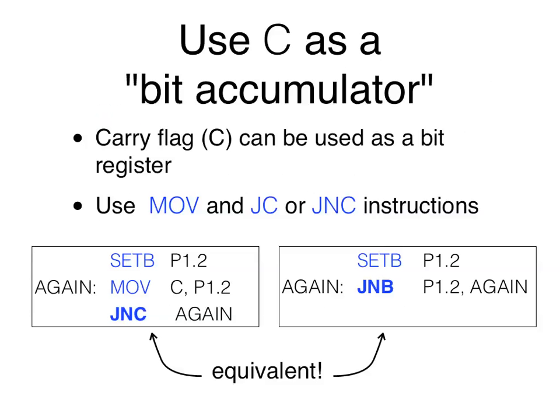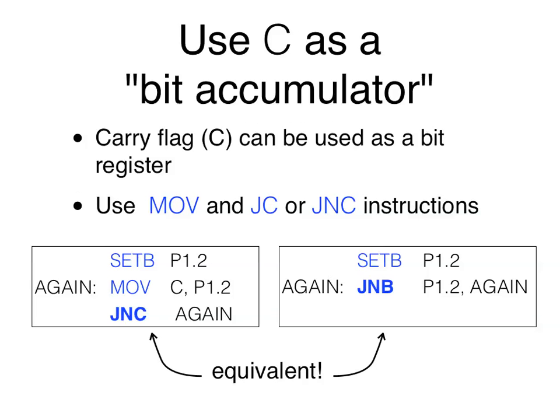Now C can be used as a bit accumulator. There are a couple of ways to do this. One is what's called a polling loop. What that does is you're basically checking an input port to see whether the value has gone high or low, right?